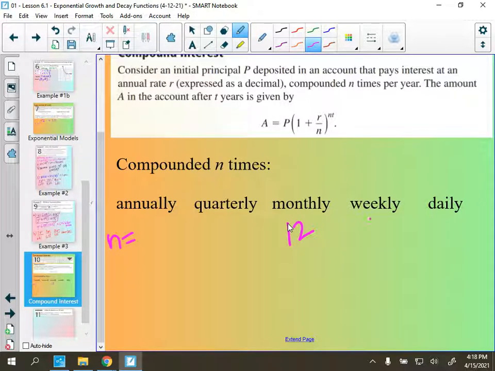If weekly, maybe every Sunday, that's 52 times a year. Daily, 365 times a year. Annually would be just at the end of the year. And quarterly would be once every 3 months, so 4 times a year.